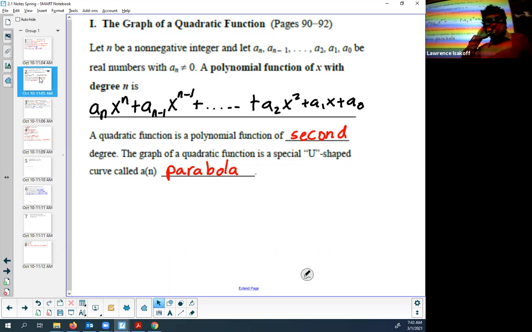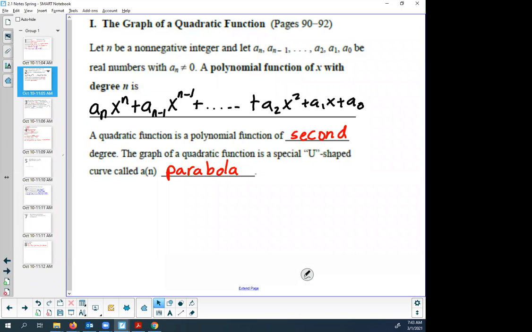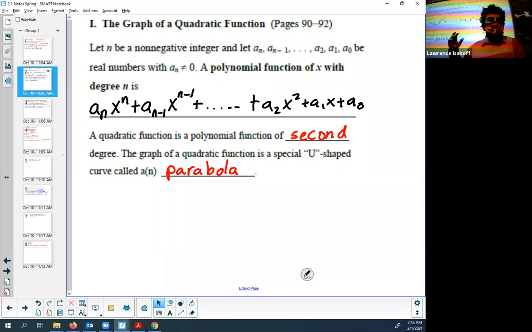A polynomial function of any degree is a sub n times x to the n plus a sub n minus 1 times x to the n minus 1, all the way down to just like an x squared term, an x term, and then a constant term. So that's just a really fancy definition for the idea of a polynomial. But you guys have seen polynomials. It's just any higher power function.